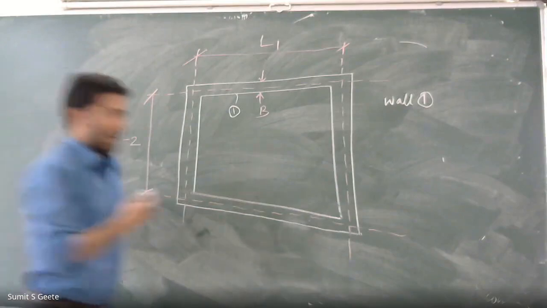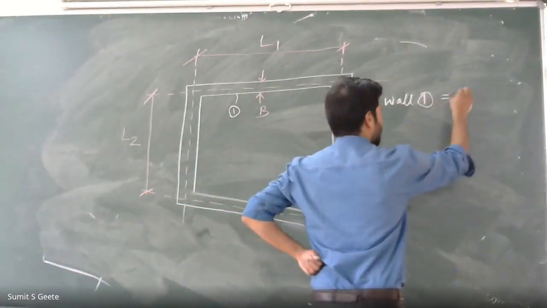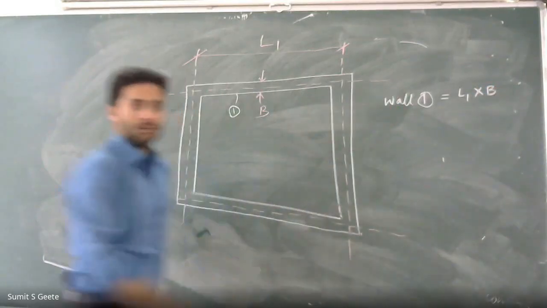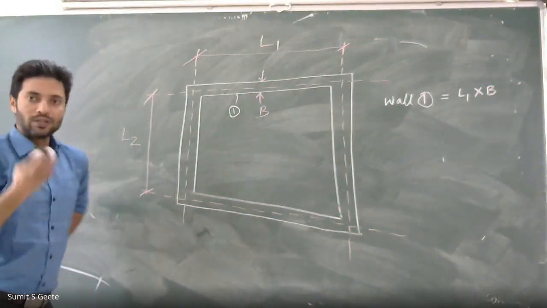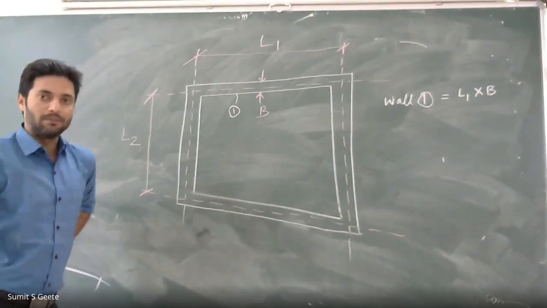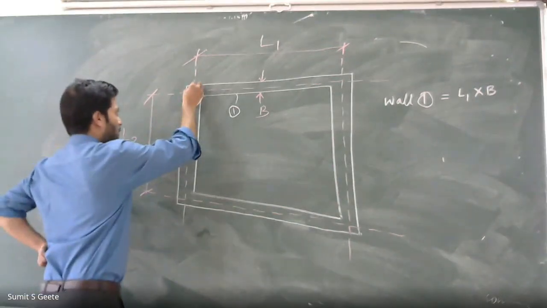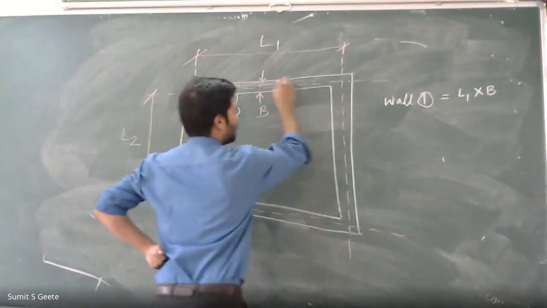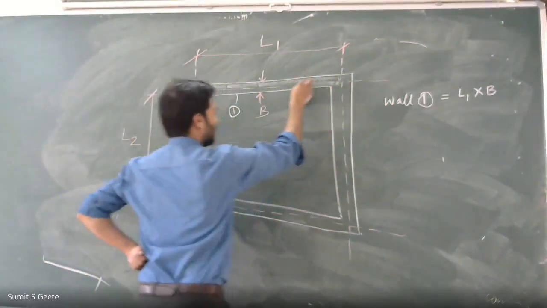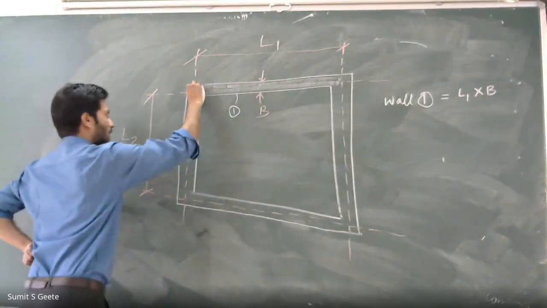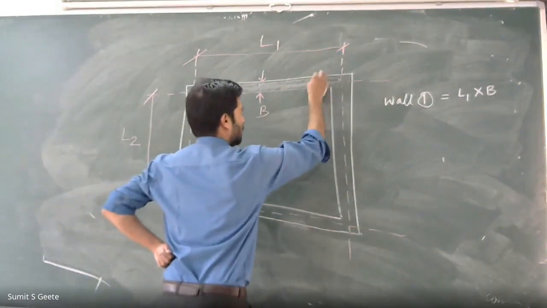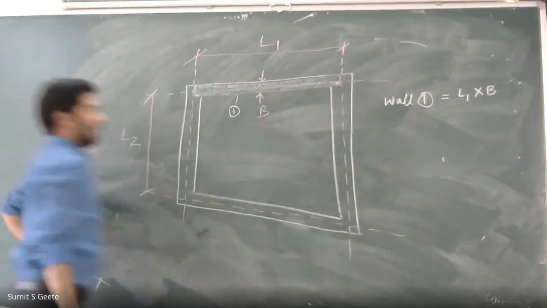The area is equal to L1 multiplied by B. Now when I say L1 multiplied by B, I am going to consider this particular area.